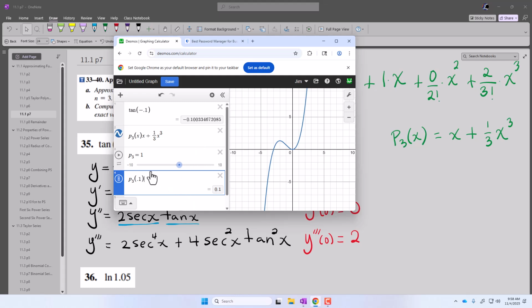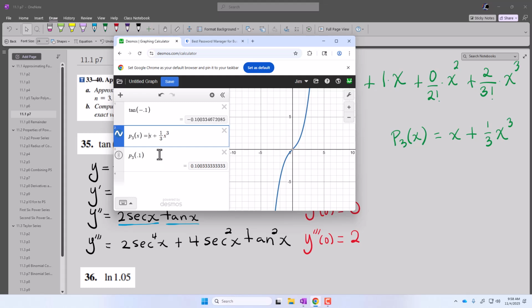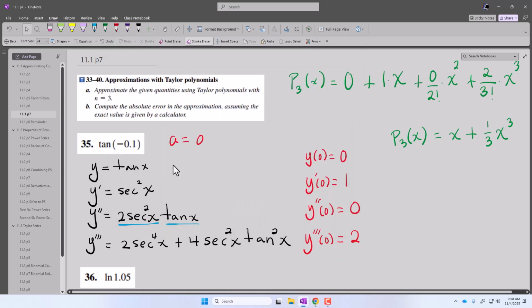Did I not do that well? What happened here? We don't want that. You forgot an equal sign on the second one. Thank you. Equal sign there. There we go. How come our sign is off? Why is our sign off? It's not when I plugged it in.